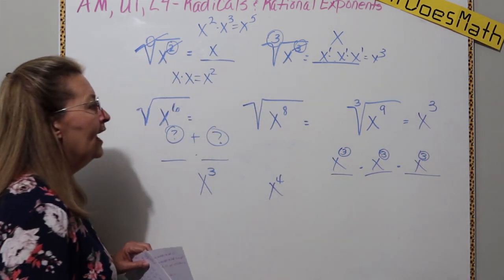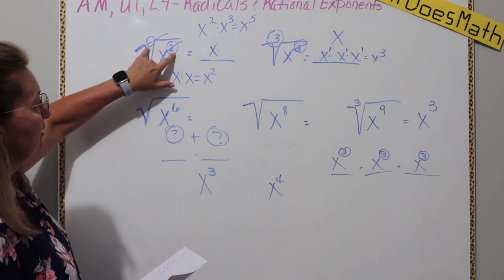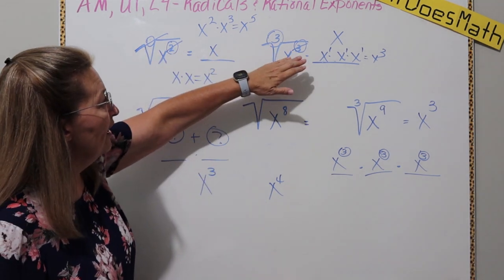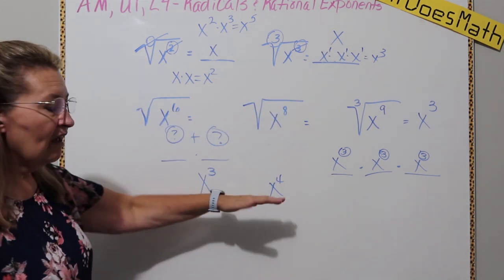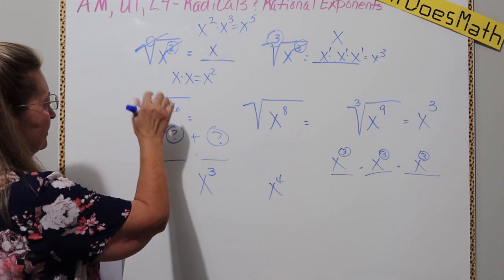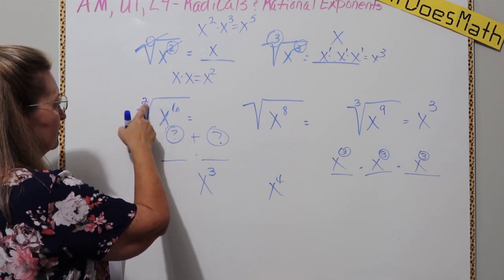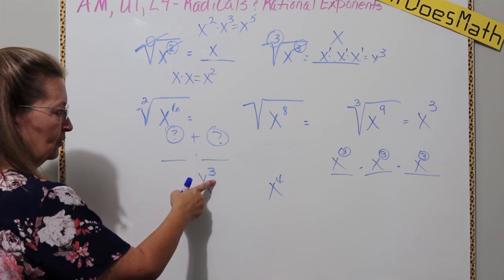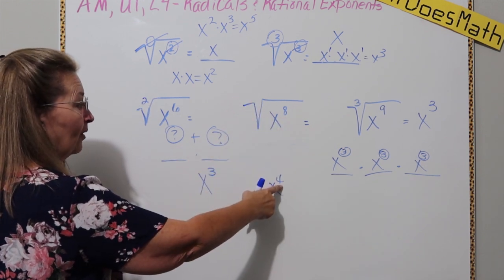Okay? Now, there's also a pattern here. Just like these, when they matched, divided out and gave you an exponent of 1, these also divide out. Look at the pattern. X to the 6th, this index was actually 2. 6 divided by 2 was 3. 8 divided by 2 was 4.